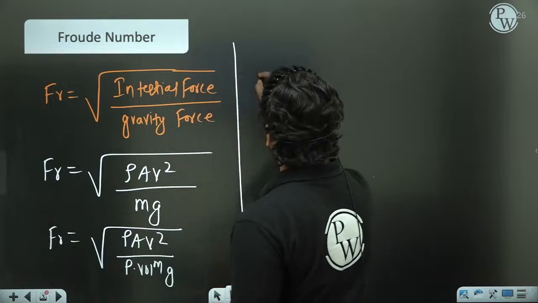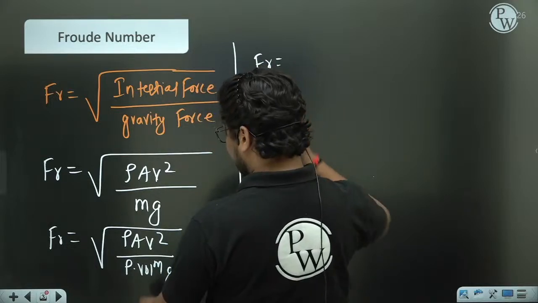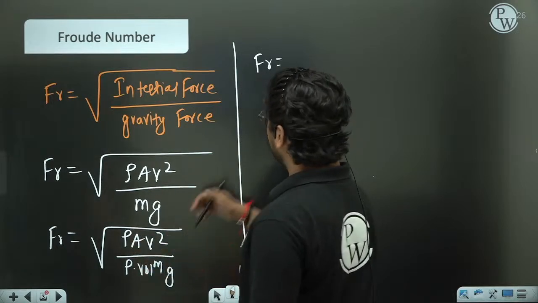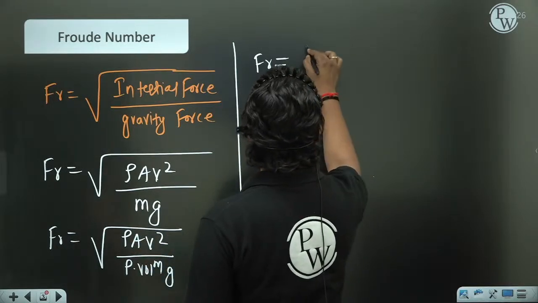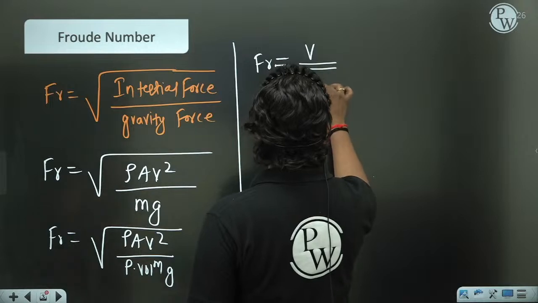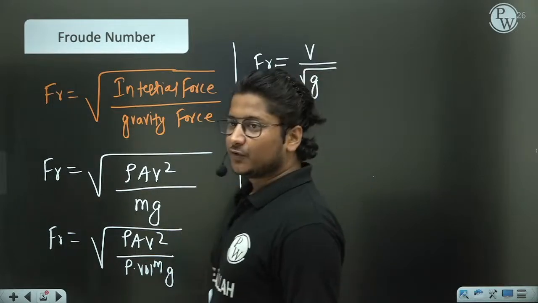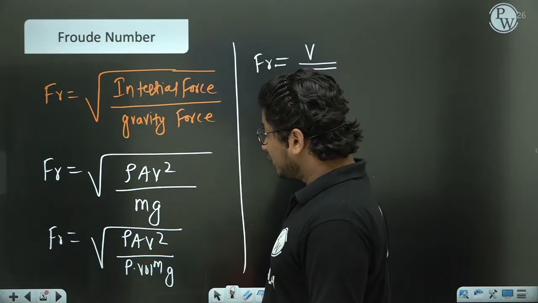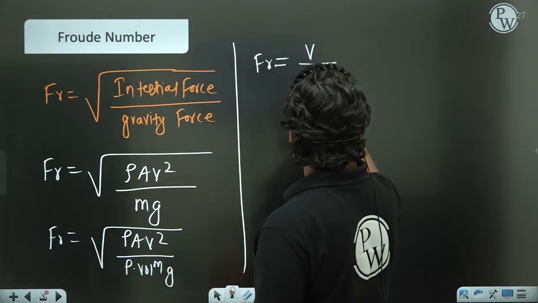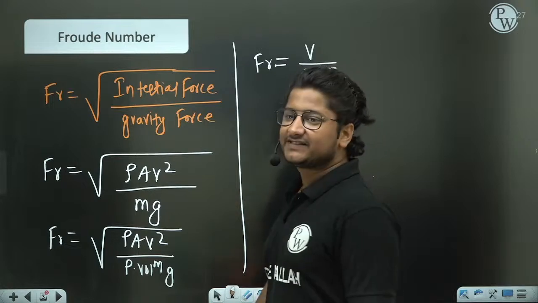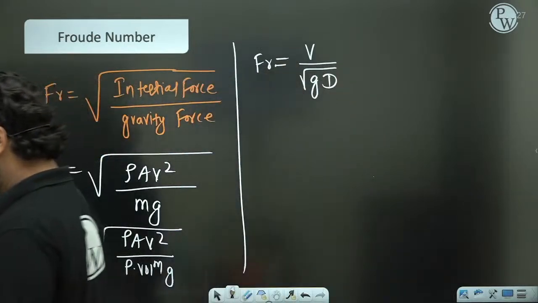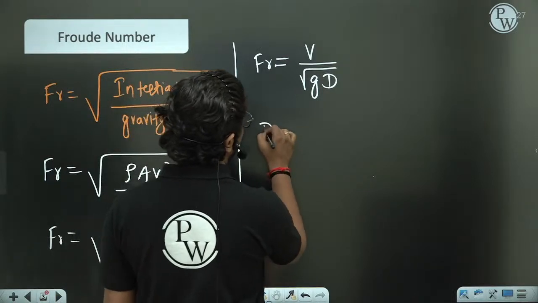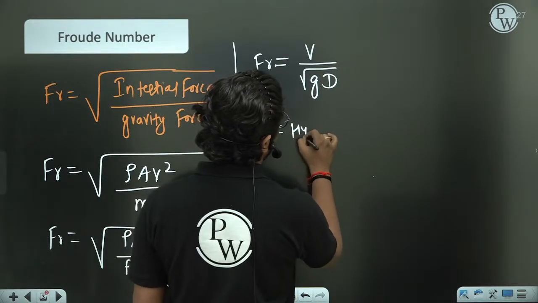Now you know that Fr has area and volume. Rho and rho will get cancelled out. So you will have V over root under g into, if you divide volume by area, some depth type of thing will come, and that D is nothing but the hydraulic mean depth.